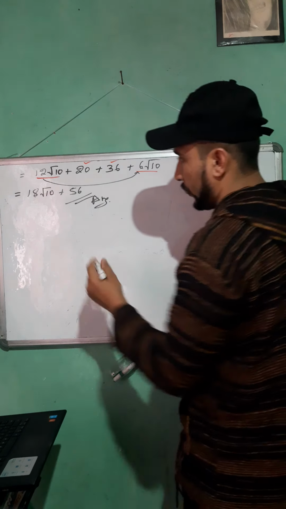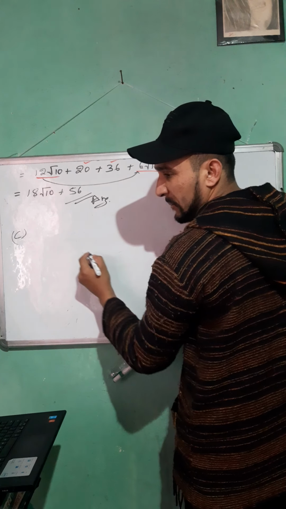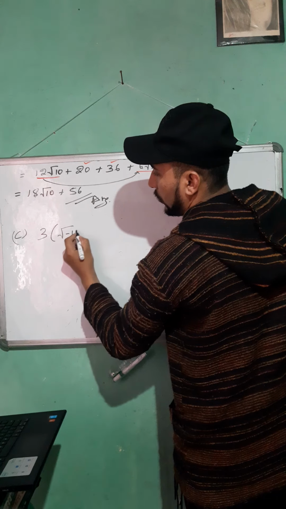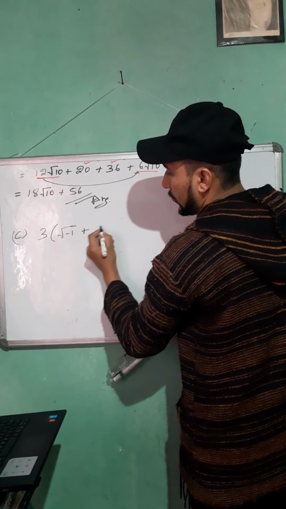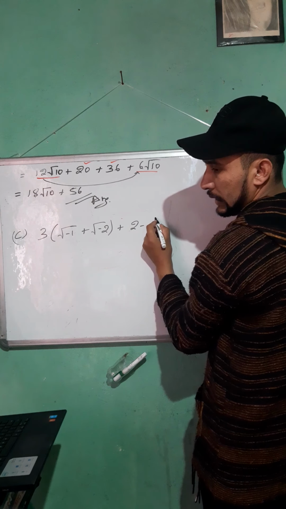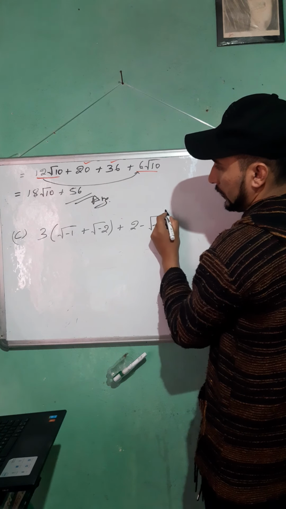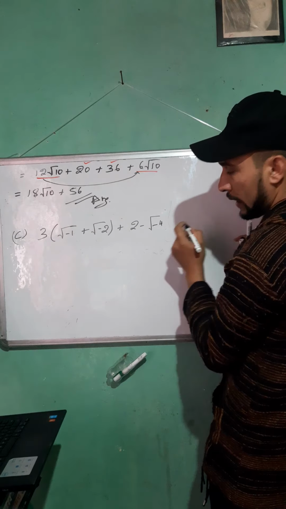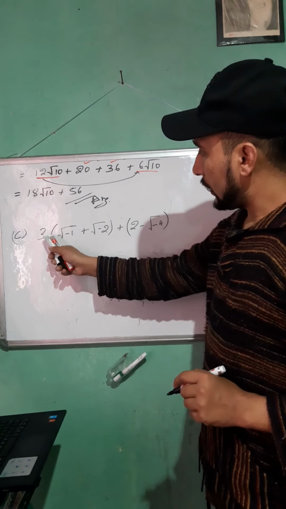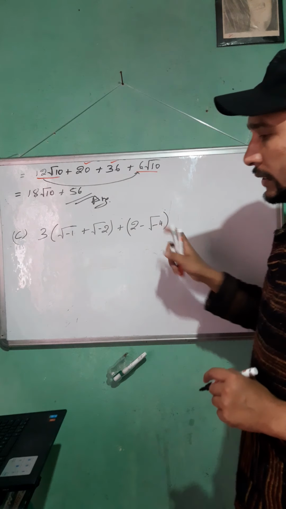Next question number C: 3 bracket root under minus 1 plus root under minus 2, plus 2 minus 4. 3 bracket this plus this.